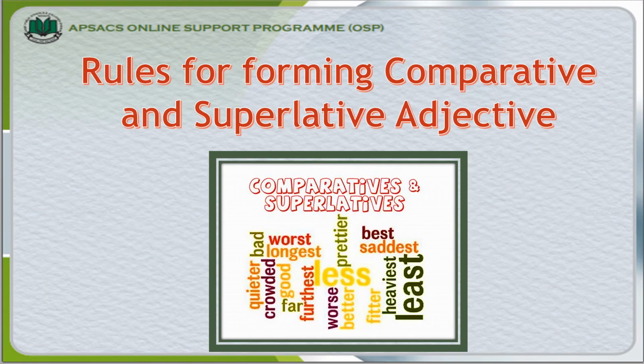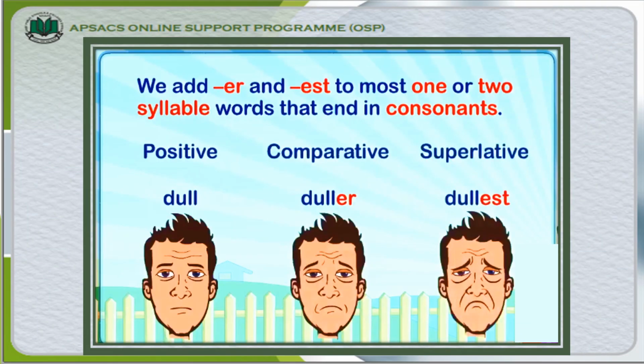Okay students, now it's time to study the rules for forming comparative and superlative adjectives. Remember, we add er and est to most 1 or 2 syllable words that end in consonants. For example, if you have an adjective like dull, the comparative will be duller and superlative is dullest.